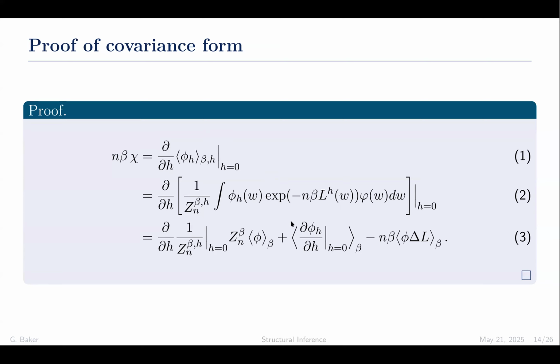You got the derivative of phi h that goes inside of the integral, and so it goes inside of the expectation here. And then the 1 over Zn beta h goes away because it just gets eaten up by the expectation.